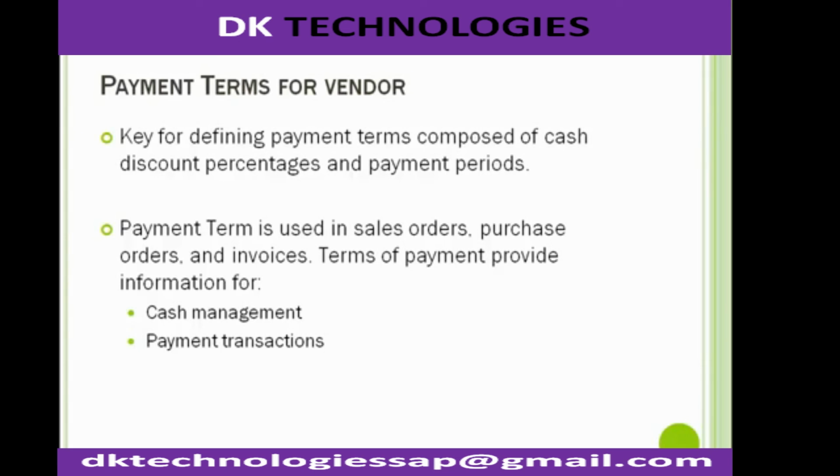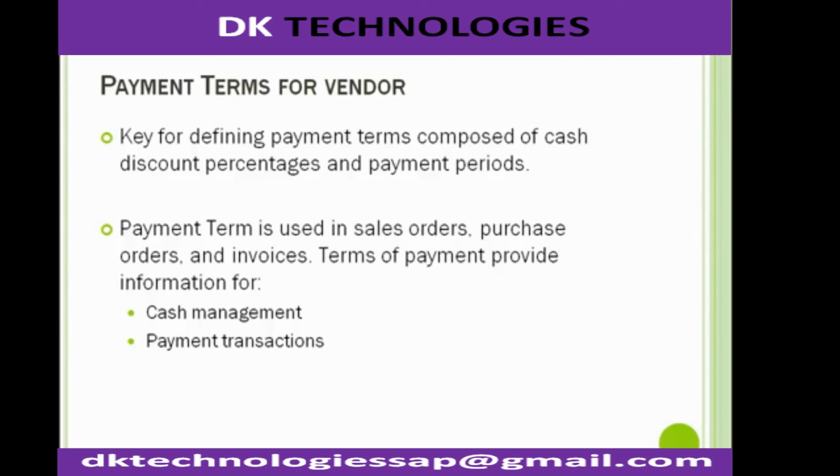Now moving on more on it, payment term is used basically to let the system let you know which of the invoices are due for payment. Second, if you make an early payment, how much cash discount will you be receiving? So when we create a payment term, we define how much the due date or the term of payment will be, so that the payment could be processed accordingly.